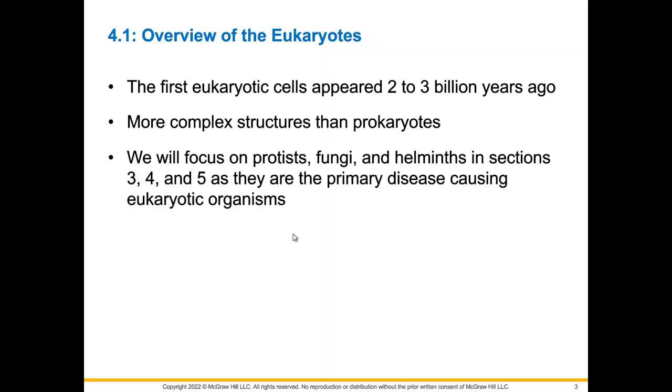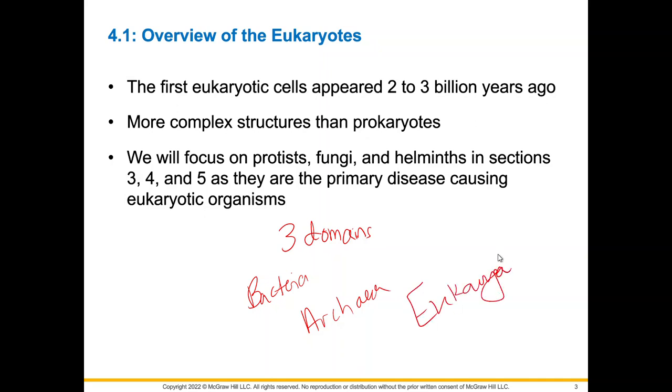So there are 3 domains. One of them is bacteria. One of them is archaea. And the last is eukarya. And our eukarya domain is where we find our eukaryotic cells.